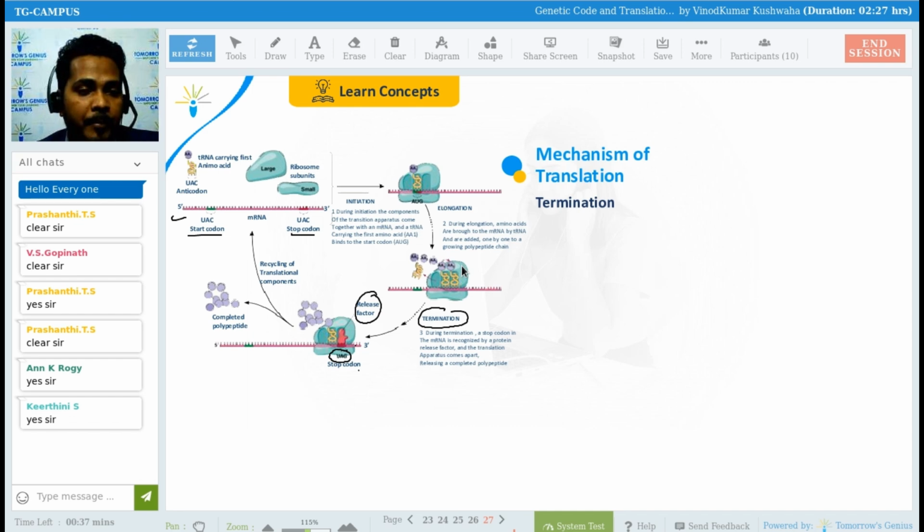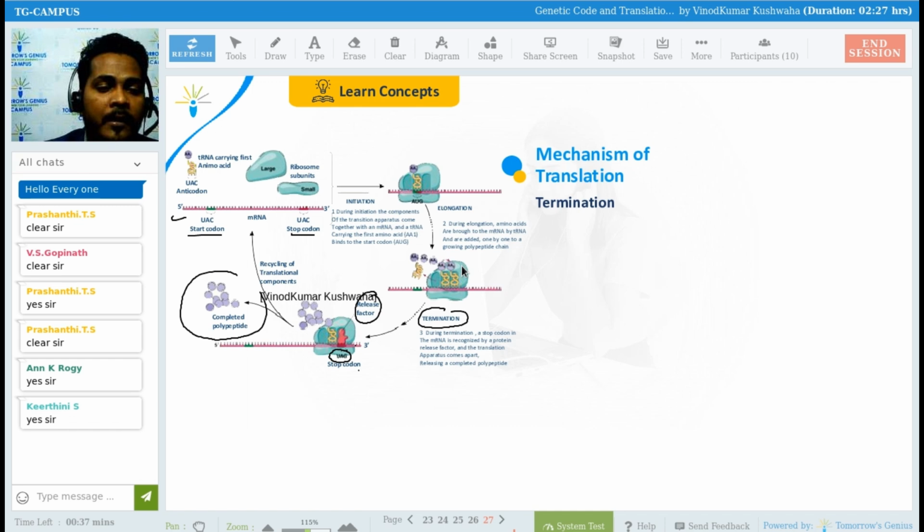Both the larger subunit and the smaller subunit get separated, and it releases the complete polypeptide, which is referred to as a protein. Here both subunits dissociate, the larger and the smaller, and there is the mRNA and the tRNA. So this is the complete mechanism of translation.